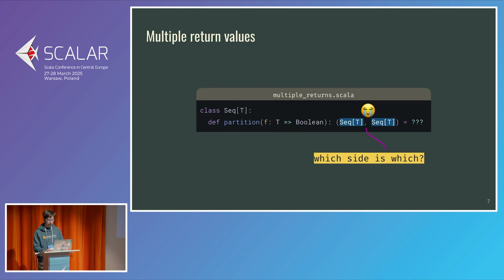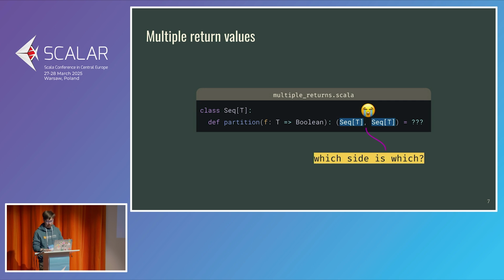Next problem it sort of solves is this idea that when you want to have multiple return values, should you bundle them into a case class? Often that's a bit too much noise, so maybe you just use a tuple, and now you're left with this problem that we don't know which side is which if they're both the same type. Like the partition method on sequence takes a predicate, and then it splits the list into those that match, those that don't.